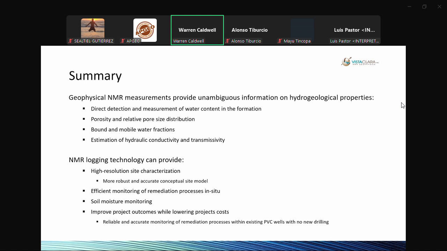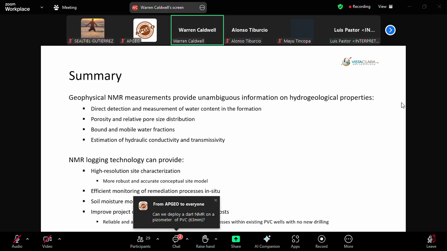It depends what the objective is, but if you're interested in groundwater, the NMR is very powerful in that you're getting a direct measure of water content, the volumetric water content, and the pore size distribution and those hydrogeologic properties.